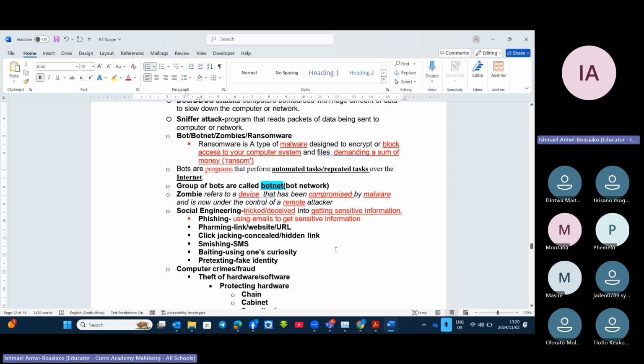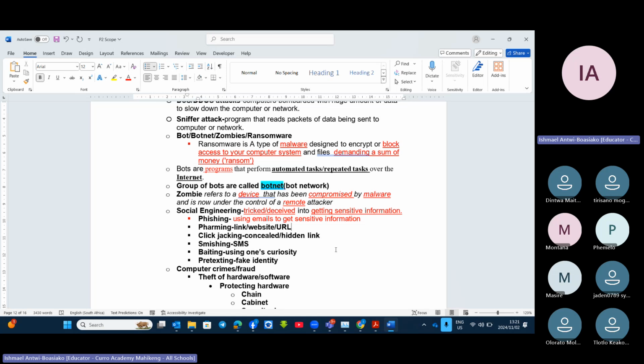So the difference between phishing and pharming is that in phishing, they use an email message. Let's say you receive an email message saying your bank account is having a problem, and they are sending the message from ABSA. So you may send your details so that they can fix your account for you.